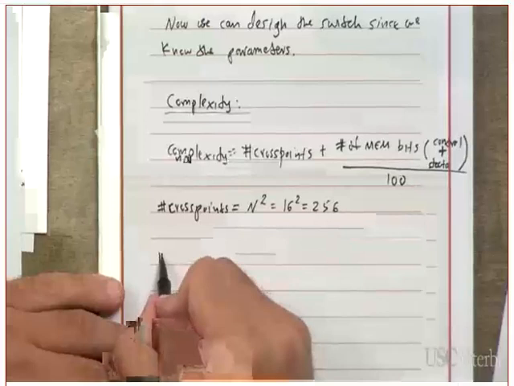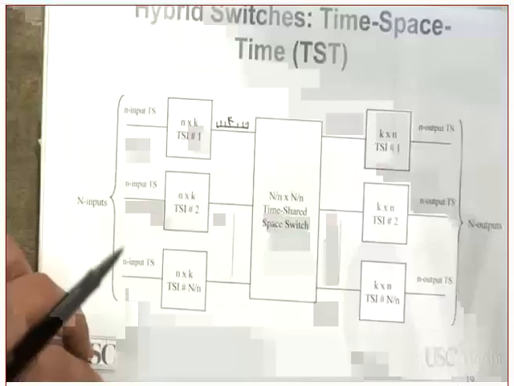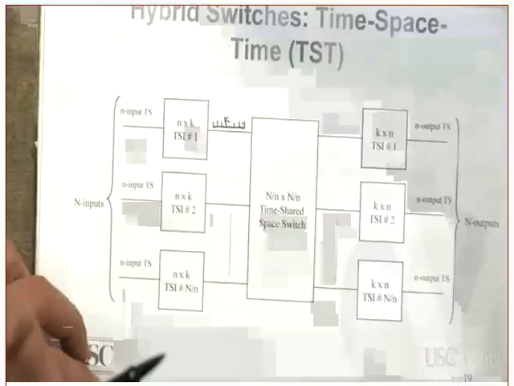Number of bits in the control memory of the time switch is equal to what? We want the control memory of these guys.